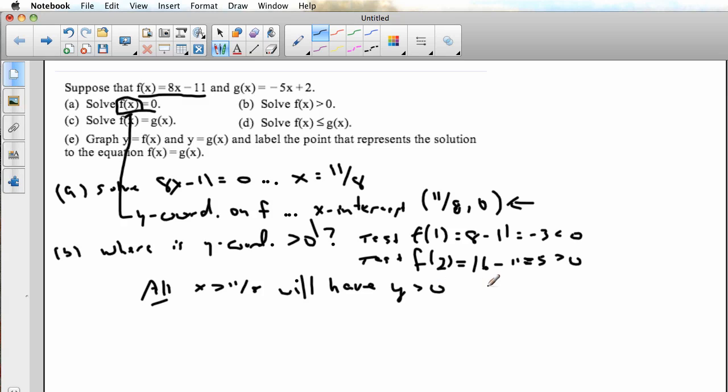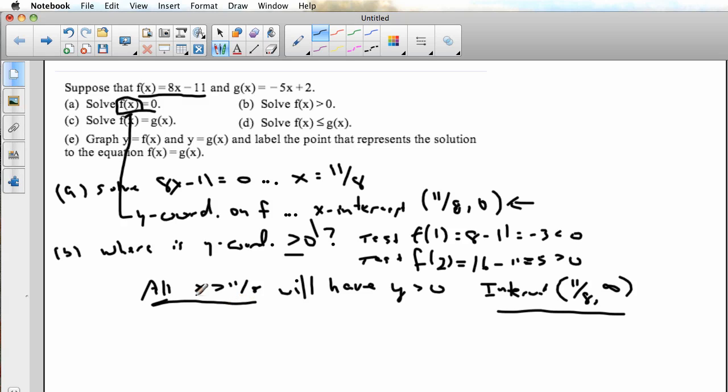If I want to write that as an interval, I would say I want everything between 11/8 and infinity, and I do not want to include the 11/8, so I use a rounded bracket there. Including the 11/8 would mean using it as part of my answer, but when x was 11/8, the y-coordinate is 0, not greater than 0. So that would be my answer in interval notation, and this is my answer described in words.